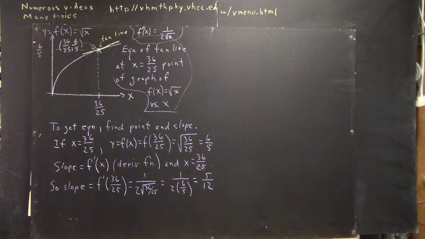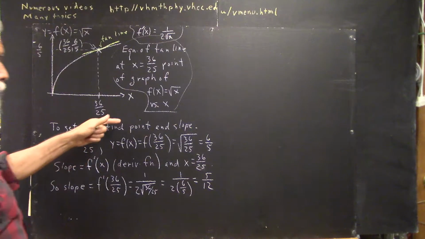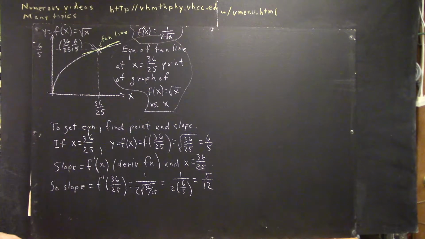Okay, so here's our slope, here's our point. So what's our tangent line?